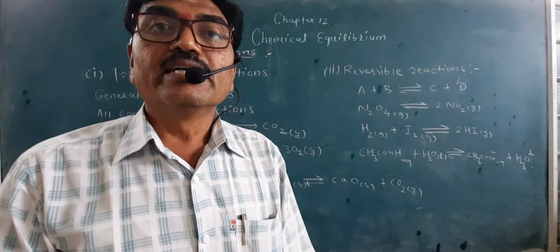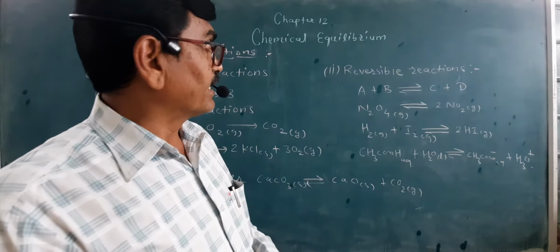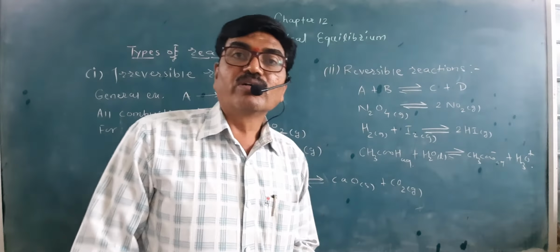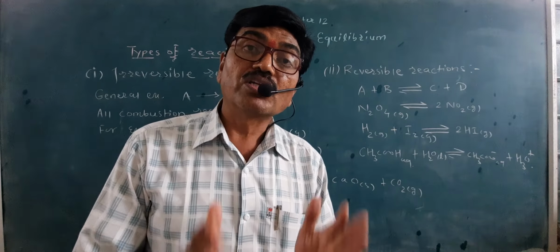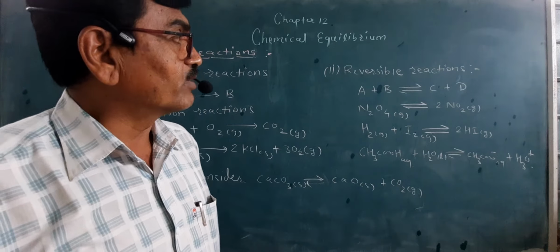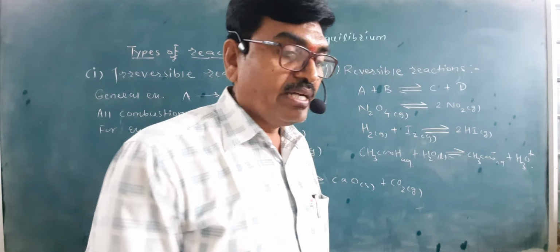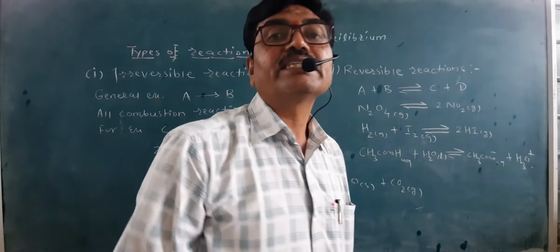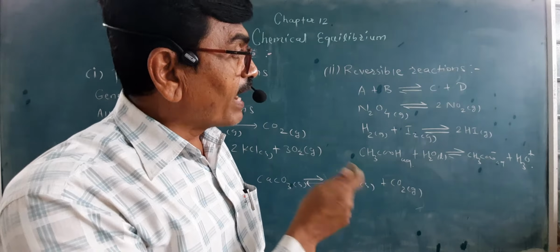That is called the equilibrium state. Try to understand what is equilibrium, or what is chemical equilibrium. So this is a stage or state in a reversible reaction at which the rate of the forward reaction becomes exactly equal to the rate of the backward reaction.